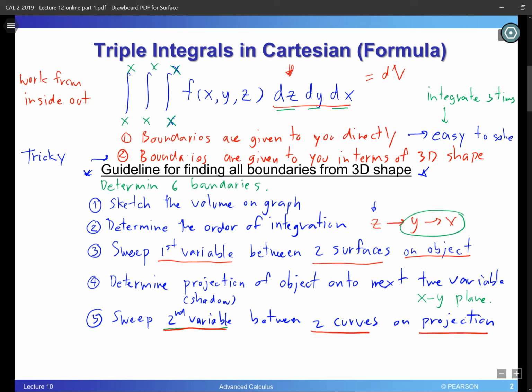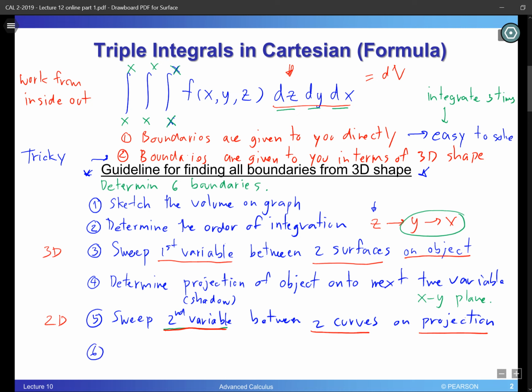But for guideline 5, step 5, you are supposed to work on the projection, and it's going to be 2D, right? Projection 2D, object up here 3D. Now, once you are done with step 5, you can move to the last step, the 6th step.